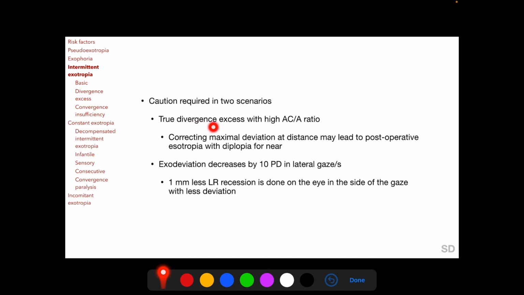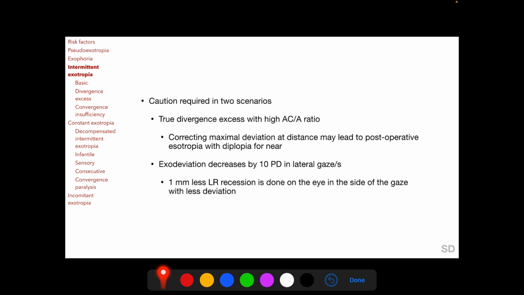In true divergence excess with high AC/A ratio, correcting the maximal deviation at distance may lead to post-operative esotropia for near fixation, and these patients will thus require correction of this post-operative near esotropia with bifocal spectacles.